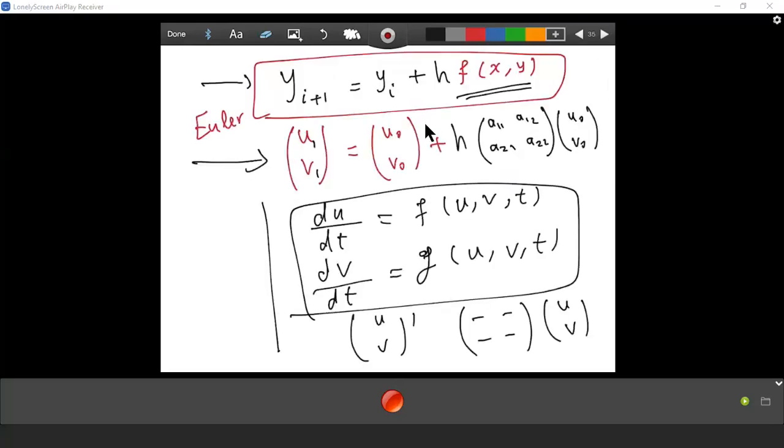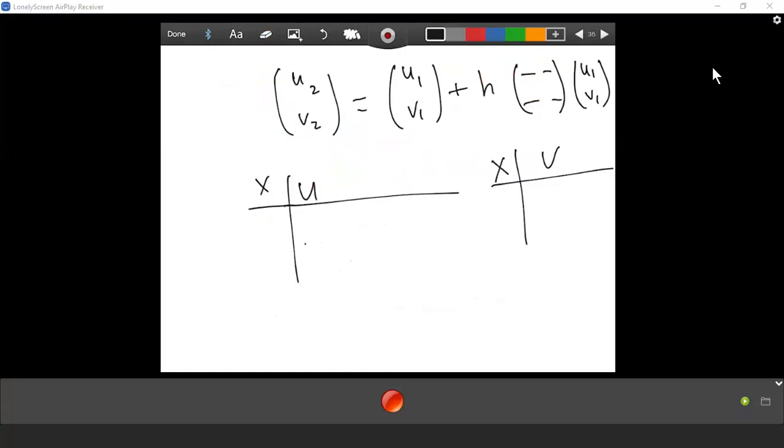And instead of just using the Euler formula for one first order differential equation, you can use Euler with vectors. So U1 and V1 equal U naught and V naught plus H times the coefficient matrix times U naught and V naught, to solve this system of two differential equations. And U2 V2 will be U1 V1 plus your step and the coefficient matrix times U1 V1.